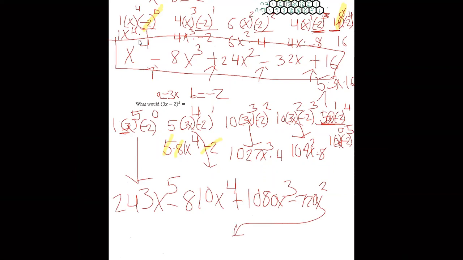So plus 240x. And then our last spot, I know this is a nightmare, I'm sorry, this is sloppy. But that 3x part up to the 0 basically disappears. So you would just have -2 up to the 5th power, which would actually be a negative. So minus 32.